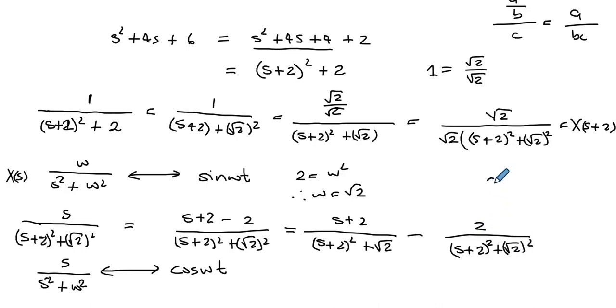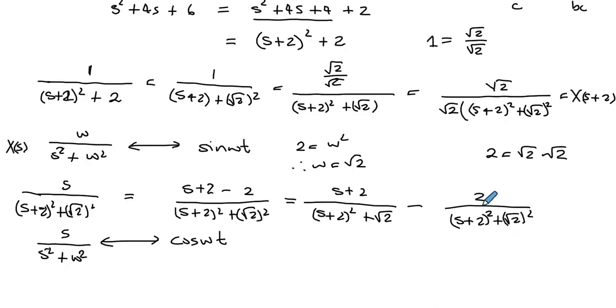But note that 2 is simply equal to square root of 2 multiplied by square root of 2. So what you can do here is write 2 in this way and take one square root of 2 as a factor outside the brackets. So this will end up with (s plus 2) over (s plus 2) squared plus square root of 2 squared, and then on this side, taking 2 in this way, we can write minus square root of 2 here, and then in brackets.